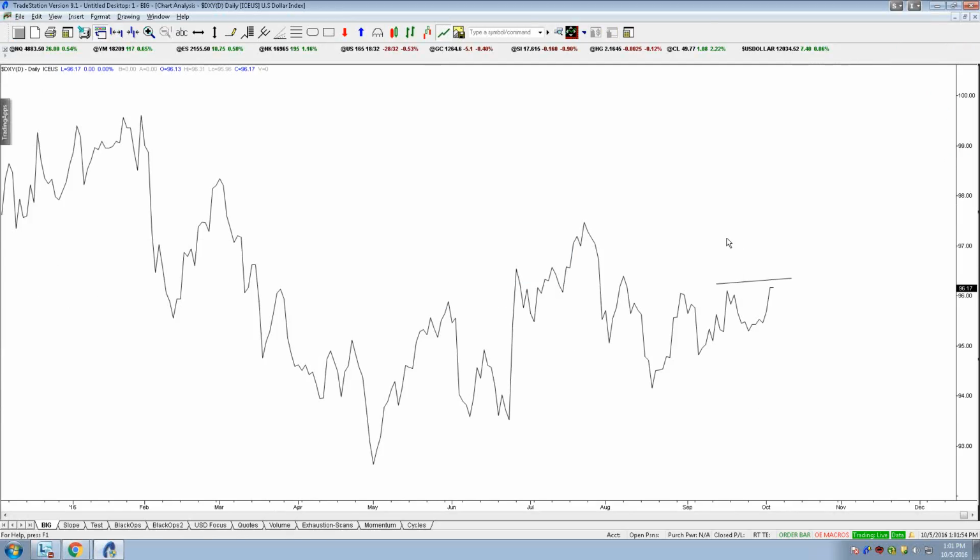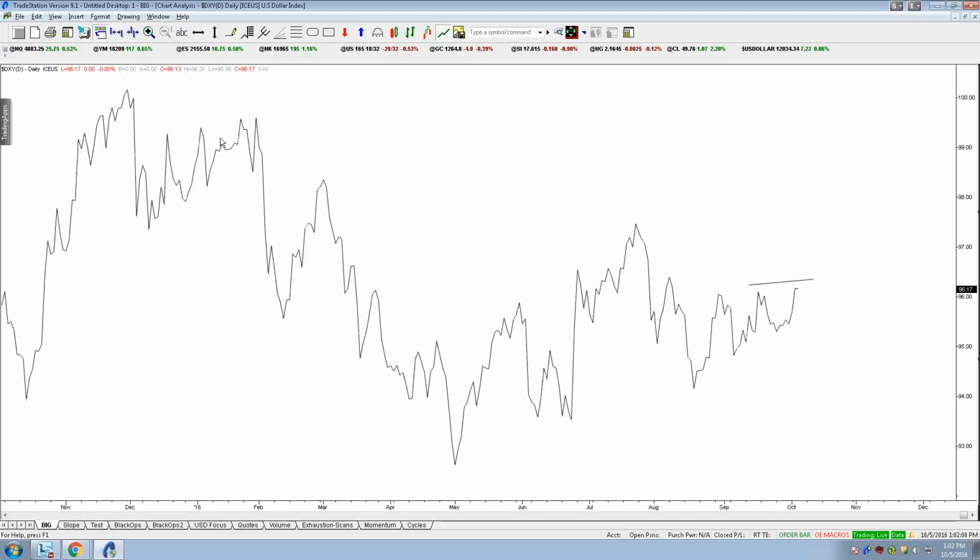Which brings us to now, because like all technical analysis, the logic is fractal, meaning it's applicable on really any time frame. So consider this on the daily chart, and what's just happened in the last several days.